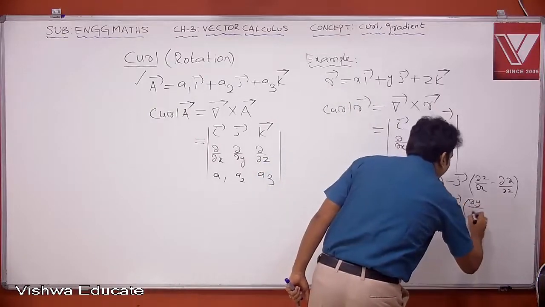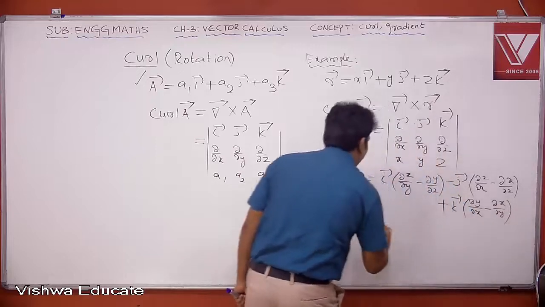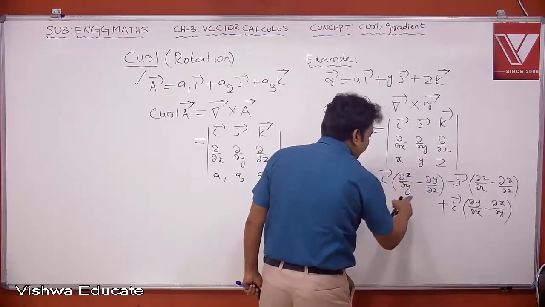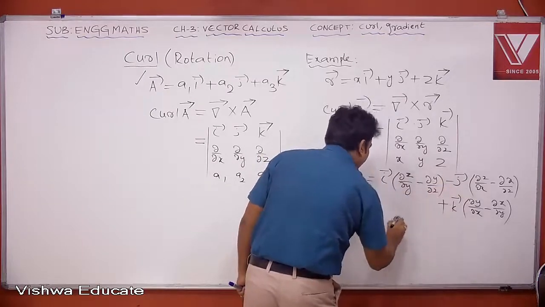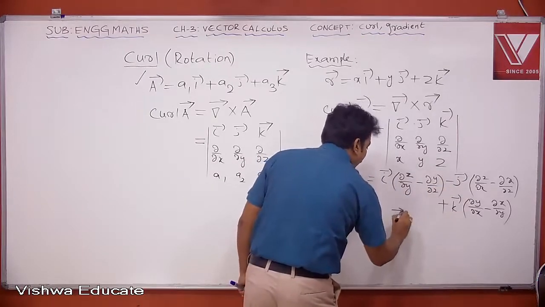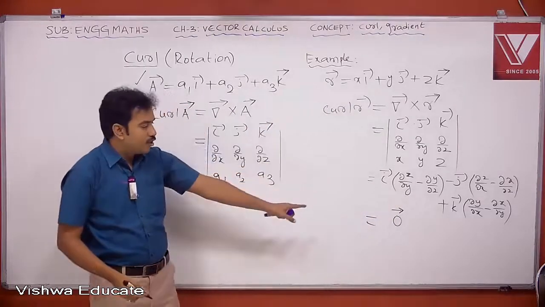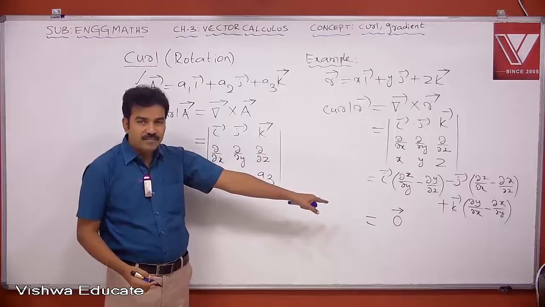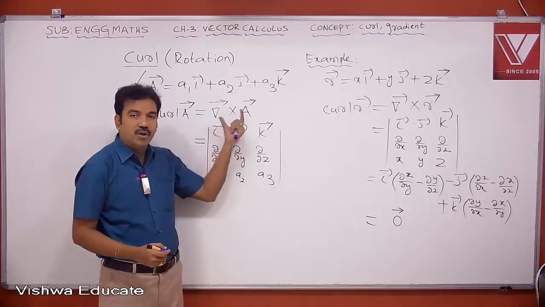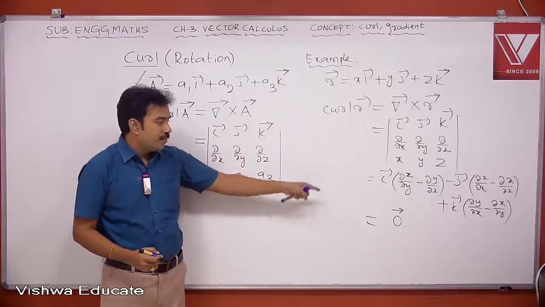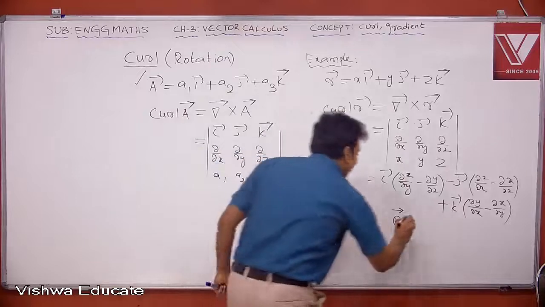Therefore, this is dou y by dou x minus dou x by dou y. Now, dou z by dou y is 0, dou y by dou z is 0. Like this, all the partial derivatives are 0. So, this is a null vector, and I write it as 0 bar. Therefore, curl of a standard position vector is a null vector. Since curl, a cross product of two vectors, is a vector, I represent it as 0 bar, null vector.